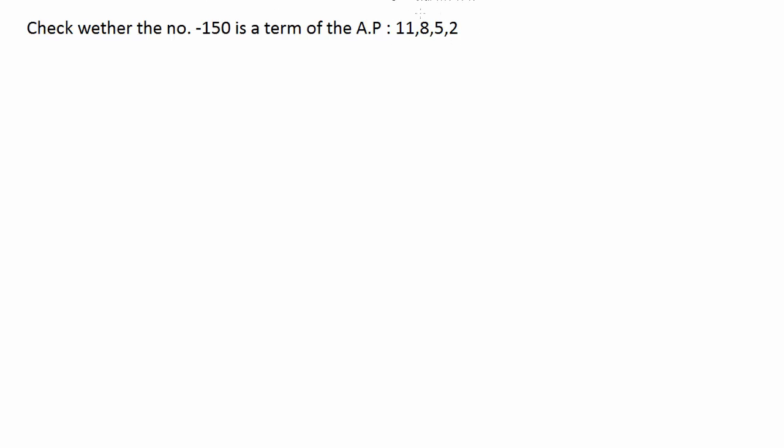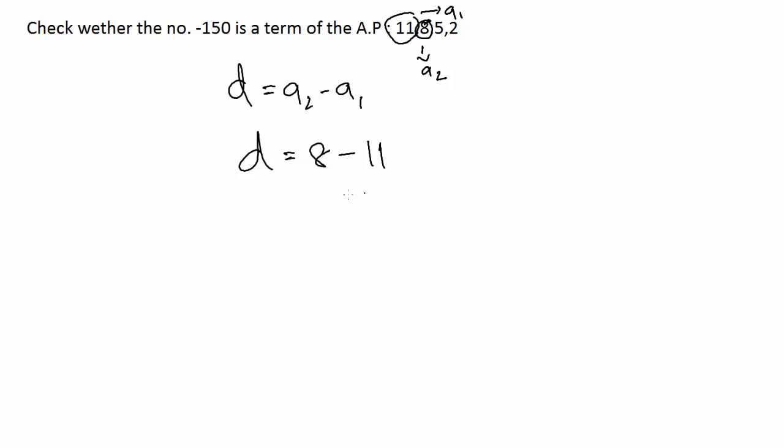First we need to find the common difference. Common difference d is equal to a2 minus a1. Okay, now this is a1, this is a2. Now what's the common difference? d is equal to 8 minus 11 is equal to minus 3. This is your common difference.